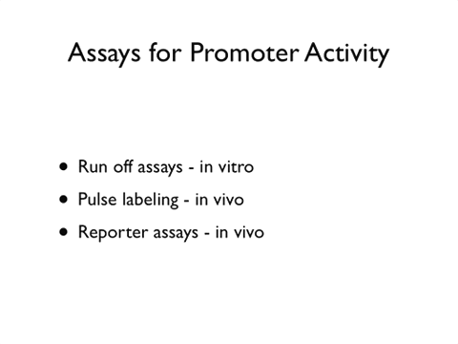Now, there are a bunch of assays that are commonly used for promoter activity, and they vary in terms of what it is that they measure. There is pulse labeling in vivo, where we add radioactive nucleotide triphosphates, and we ask them to be incorporated into nascent RNA.